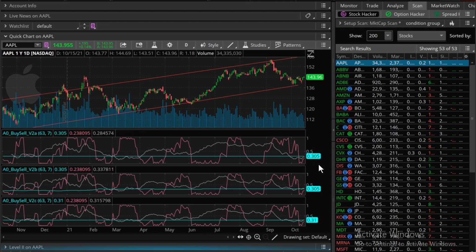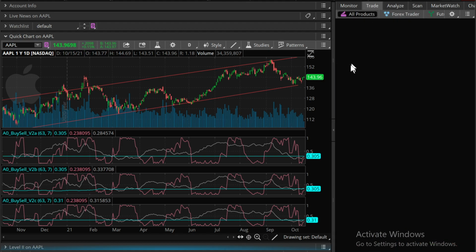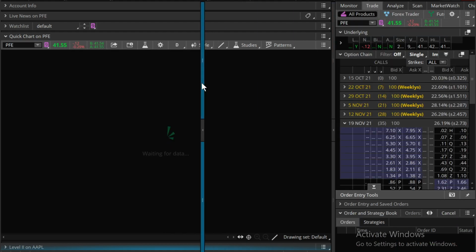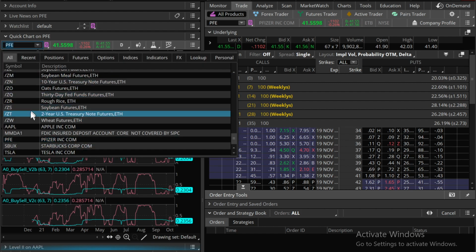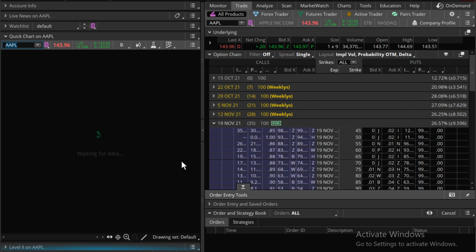So here in this case, Apple. Yesterday I bought a 150 call in the November monthlies. So let's look at that. The indicators were all giving me that it's a buy at this point. Oh wait, I'm in Pfizer. Apple.